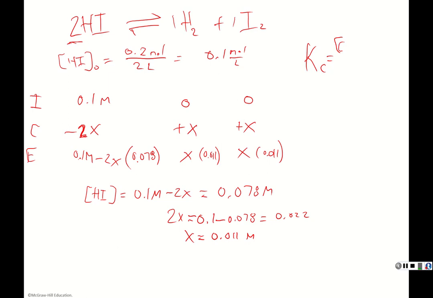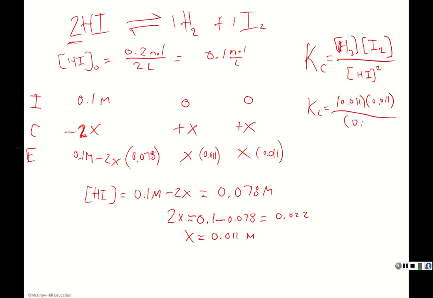So that's the concentration of H2 times the concentration of I2 divided by the concentration of HI squared. Then we plug in the values we calculated from our reaction table: 0.011 times 0.011 divided by 0.078 squared.